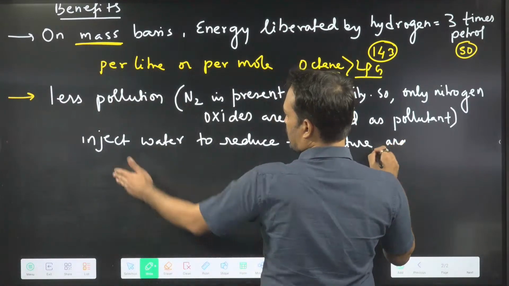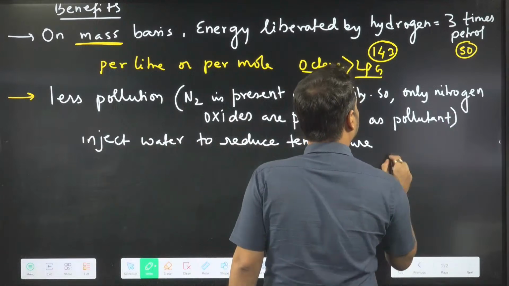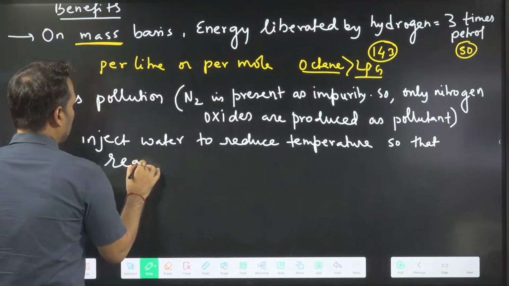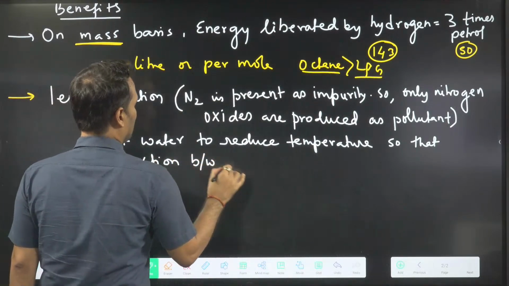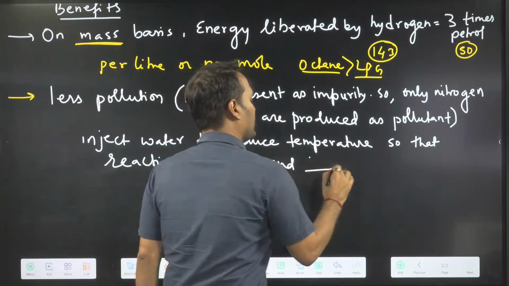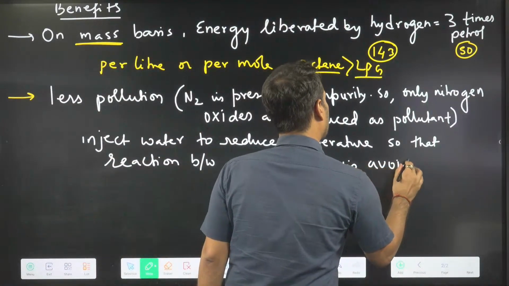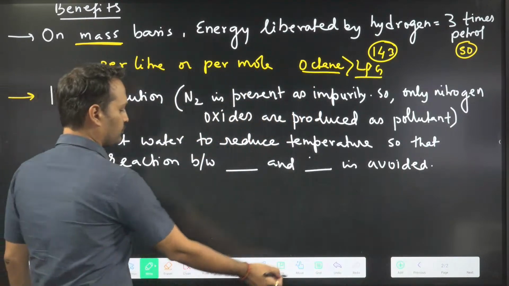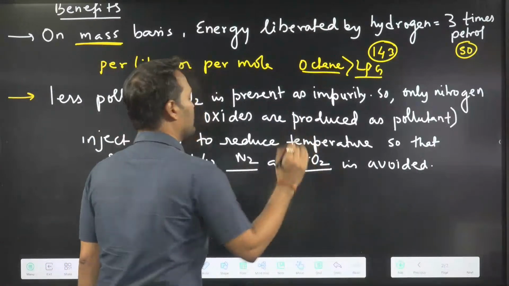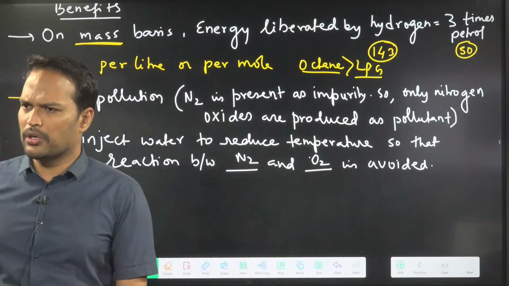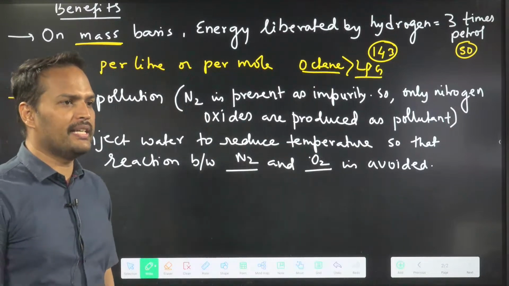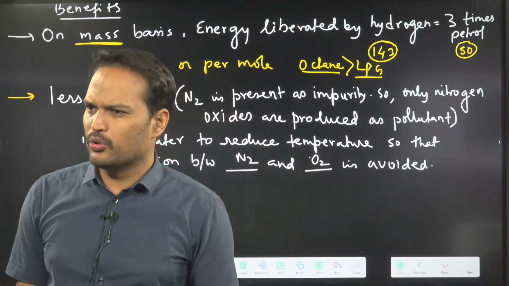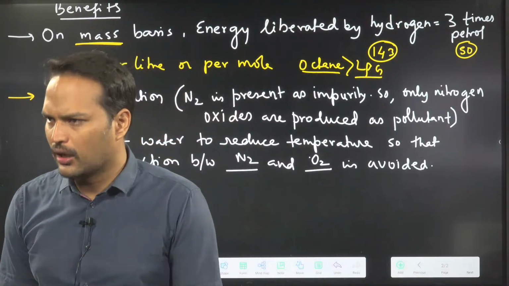We inject water to reduce temperature so that the reaction between what? Nitrogen and oxygen is avoided. Clear? So we have a solution also. First thing is that on mass basis more energy is released. Second thing is that very little pollution is there, only due to nitrogen, which we can control also.